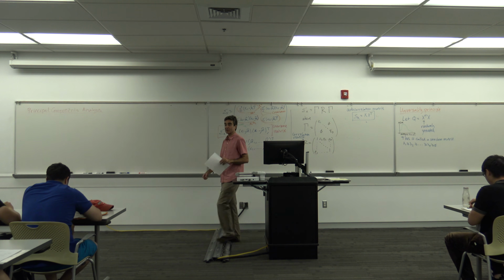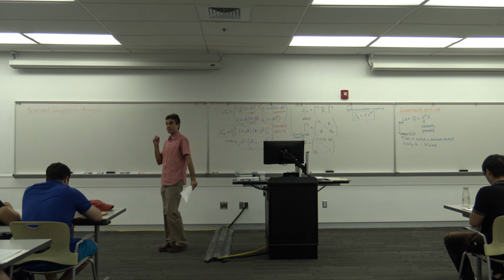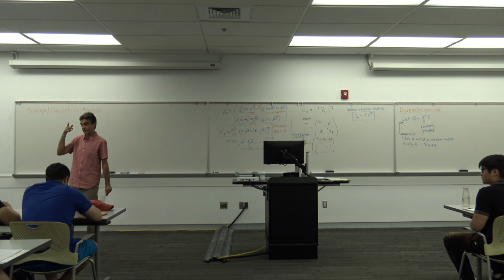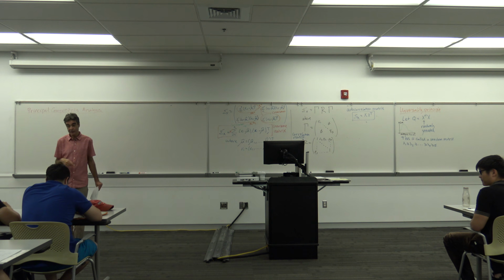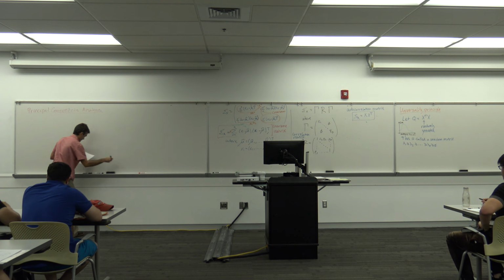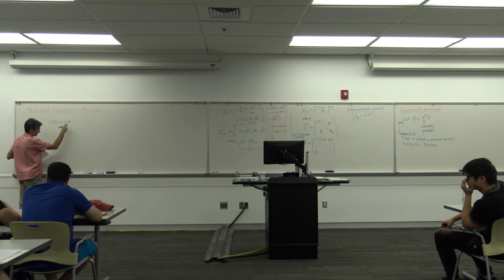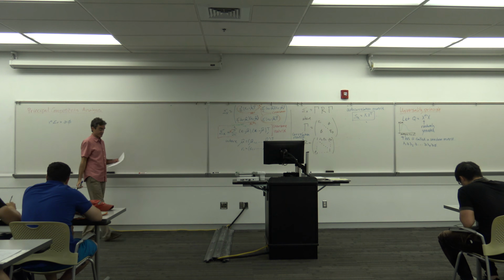Okay, so properties of the covariance matrix. It's symmetric, we've established this. It's positive semi-definite, which again means nothing else than x transpose sigma x is always positive or 0.